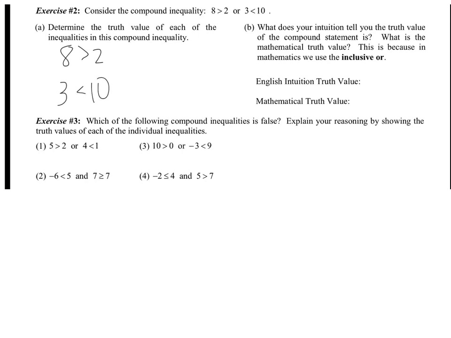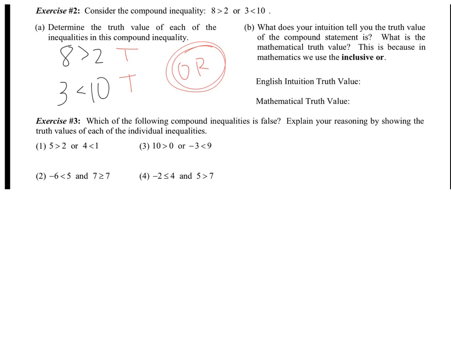Well, both of these are true, but there is the word or in it. So what does your intuition tell you the truth value of the compound statement is? What is the mathematical truth value?